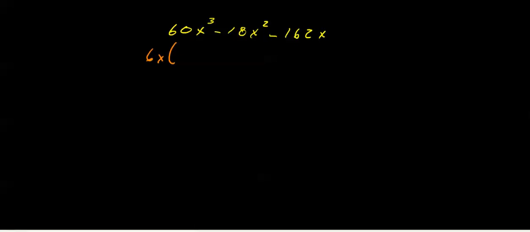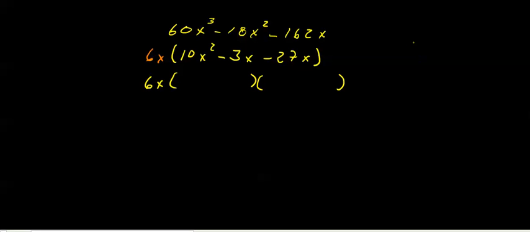So I bring out that common factor, and then we factor, as always, 10x squared minus 3x minus 27x. And then we have to write a double set of parentheses. So we have 6x.